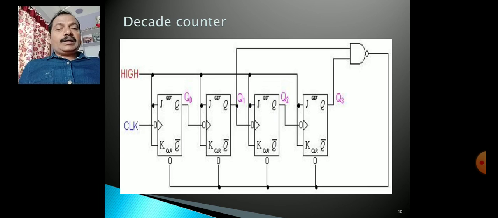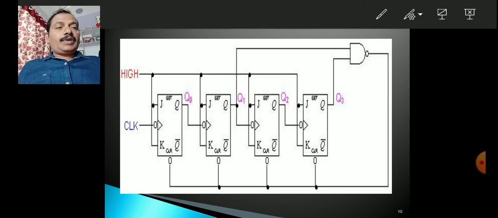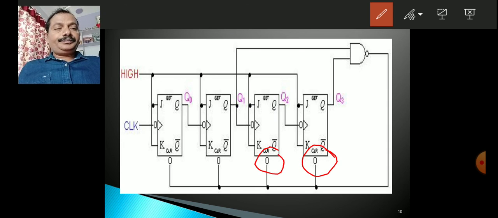And because of our aim, you have to take flip-flops which have preset and clear inputs, also called asynchronous direct inputs. Those are the preset and clear. Observe here, the flip-flops we have taken have active low clear inputs.